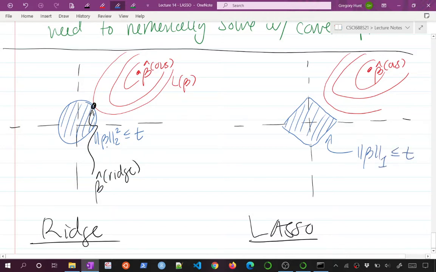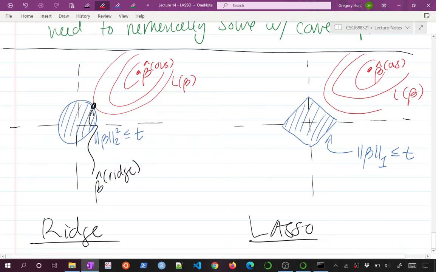Notice it's the 2 norm squared for ridge and just the 1 norm for Lasso. And notice at this point my level curves of L of beta don't intersect with my constraint. And we know from Calc 3 that it's the point of this intersection that will give me the constrained optimization solution.